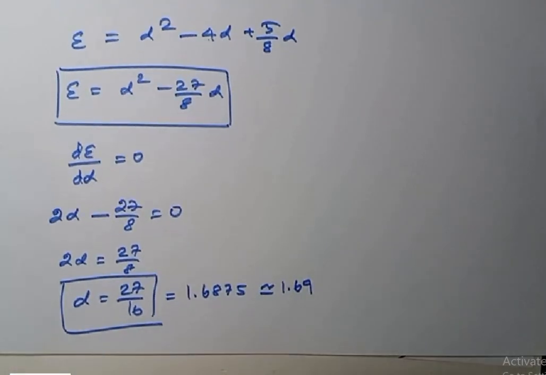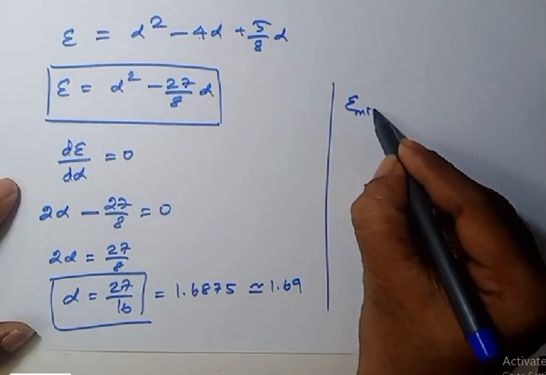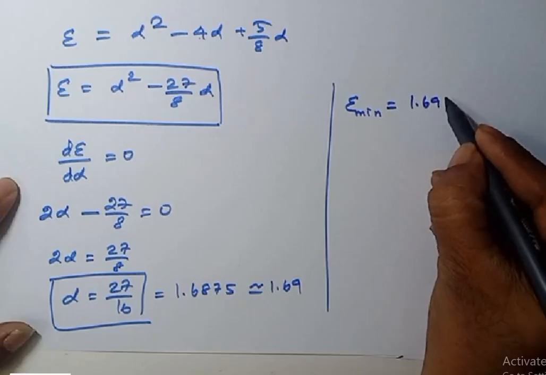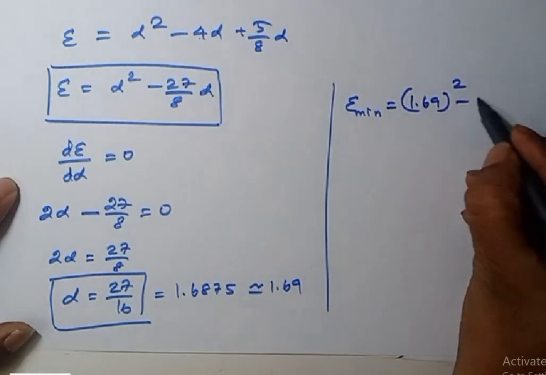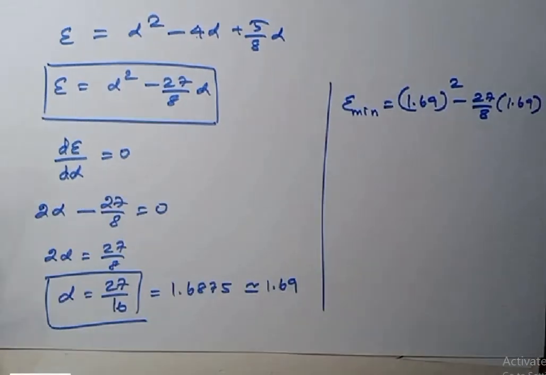What is alpha actually? So what is the minimum energy? E minimum is equal to, in the place of alpha, I put 1.69 square minus 27 by 8 into 1.69. I use the calculator and tell you the value.